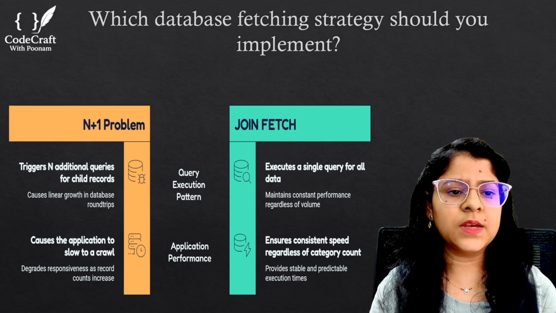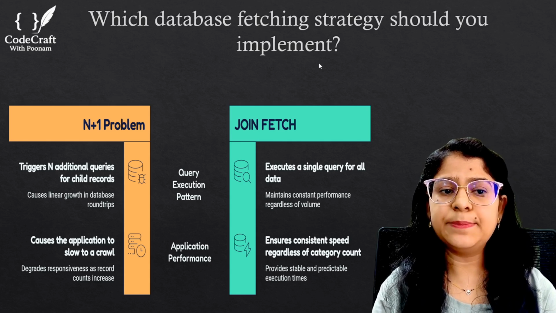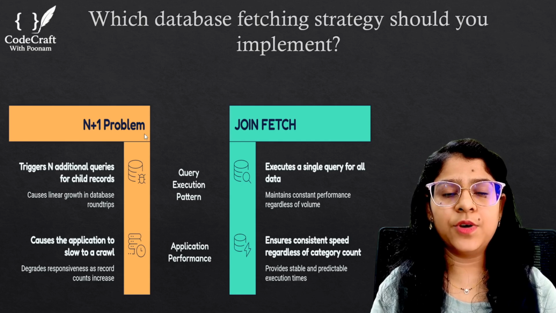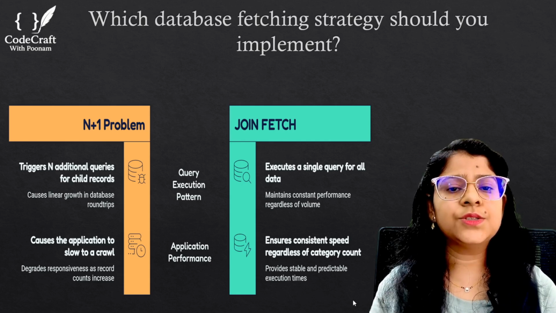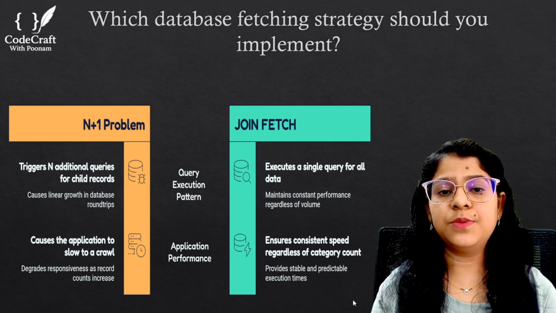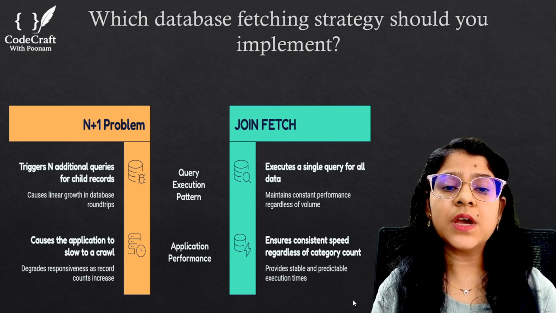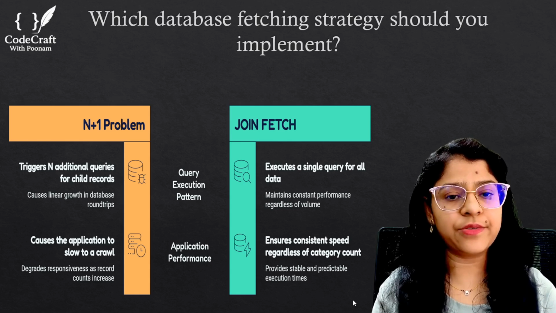So now coming to which database fetching strategy should you implement. For the n plus 1 problem, we are going to use join fetch as a solution. The n plus 1 problem is when loading n parent records triggers n additional queries to load the children.